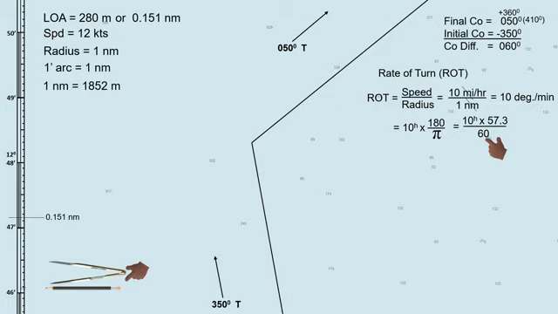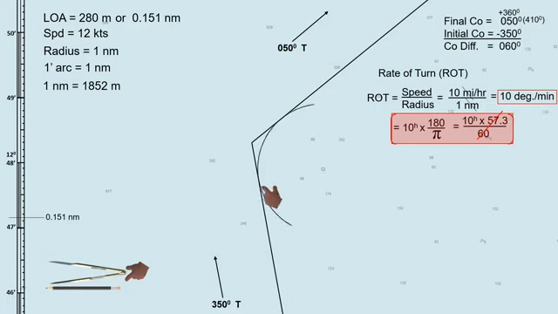But usually, we do not do this procedure because if we look at the value of 57.3 and the divisor, which is 60, we can cancel these values. The slight difference in the value, if we go through the procedure, is negligible in actual maneuvering. So just divide the ship's speed by the desired radius and it will give you a rate of turn, and the unit is in degrees per minute. I will make a separate video with a detailed explanation of how to determine a rate of turn.